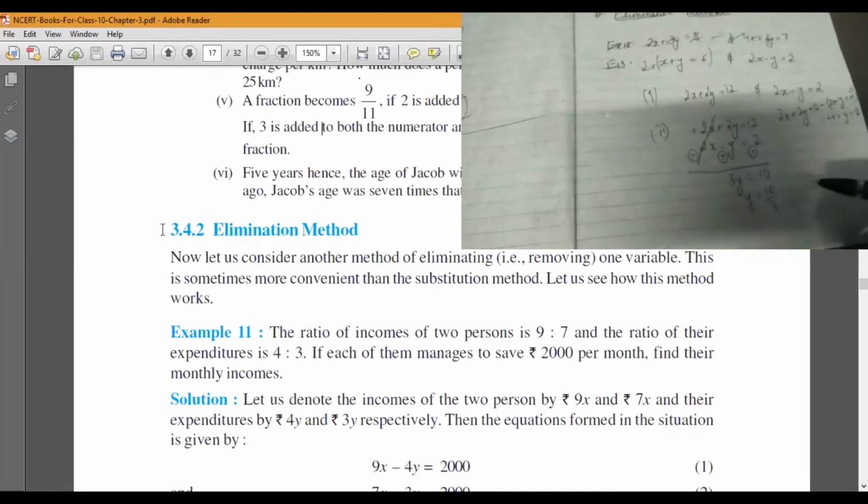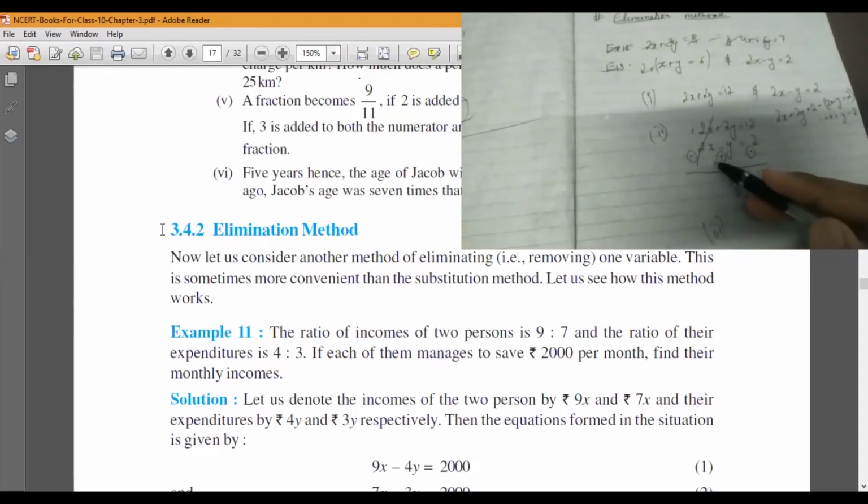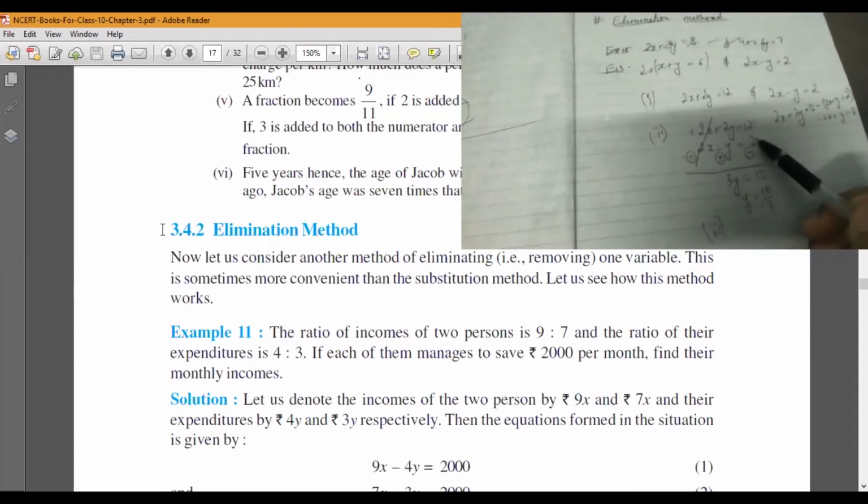The next, third step is to put the value of y in one of the equations and take out the value of x. Just remember one point: take the equation from this step where you have arranged them row wise, not from the beginning.